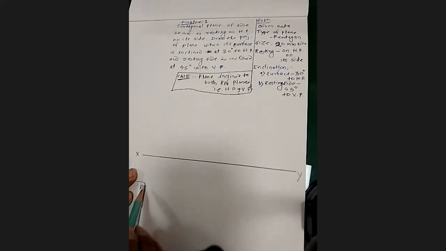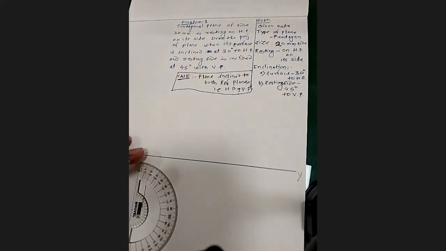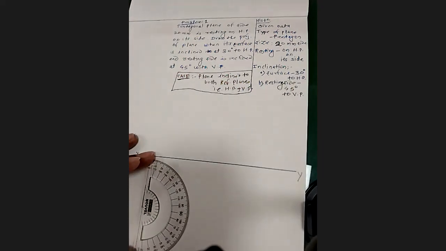I taught you in the beginning how to draw the pentagon. Draw this line, and the length of the line will be 20 millimeter. Now you know the angle in a pentagon is 72 degree: 360 divided by 5 number of sides, you will get 72 degree.